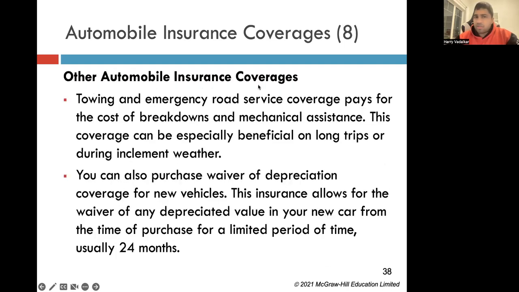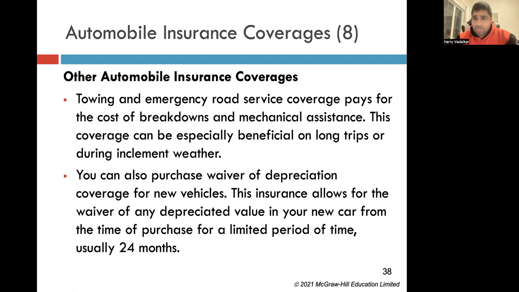Okay, this is important. Other things that the insurance company covers: if you have to tow your vehicle and there is emergency roadside coverage, that pays for the cost of breakdown and mechanical assistance. This coverage can be especially beneficial on long trips. If you are in Alberta, you can buy something called an AMA benefit.